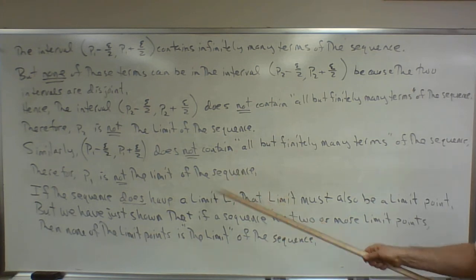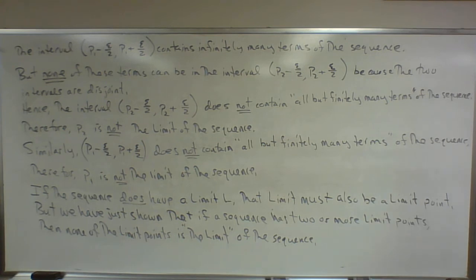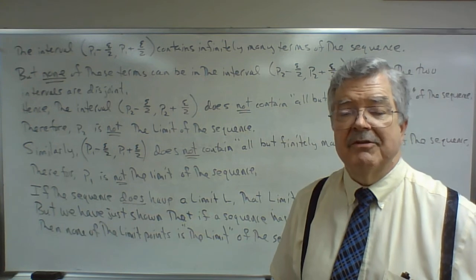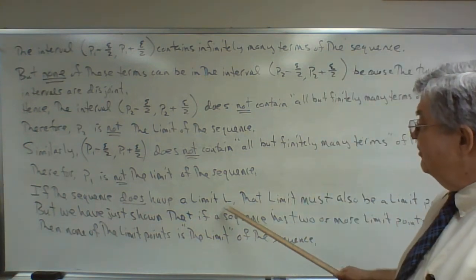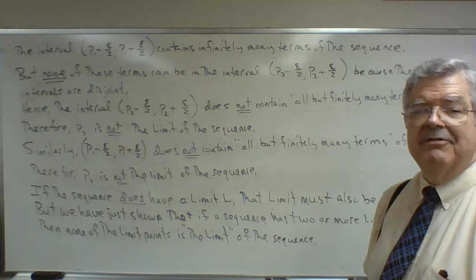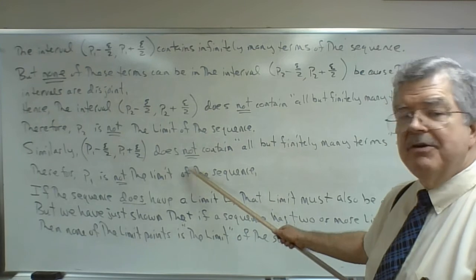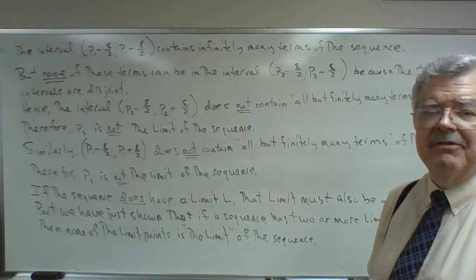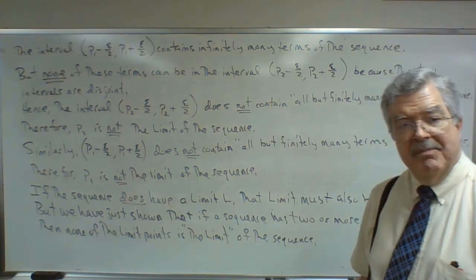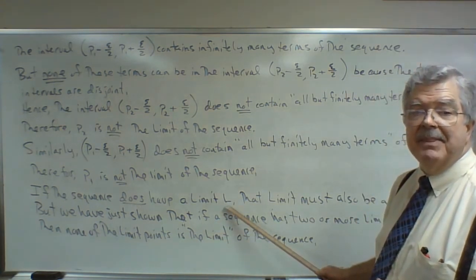So P1 is not the limit of the sequence, P2 is not the limit of the sequence, and if we have another candidate for the limit of the sequence, that limit L is also a limit point, but it will fail the test for being the limit of the sequence, just like P1 and P2 did, and for exactly the same reason. Let's say we have some other real number that is the limit of the sequence. We'll call it P3.